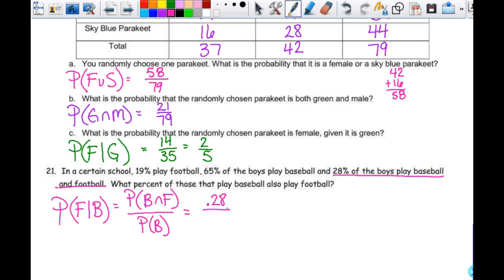Over the probability that they play baseball, it's this right here, 65%, so this is 0.65. When I divide 0.28 by 0.65, that gives me 0.431, which is a 43.1% chance. So 43.1% of them do.